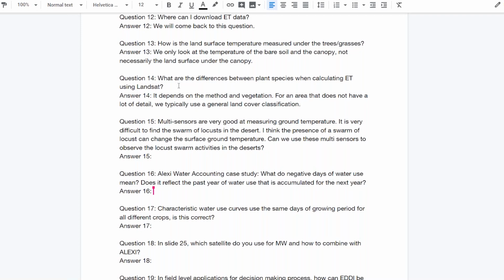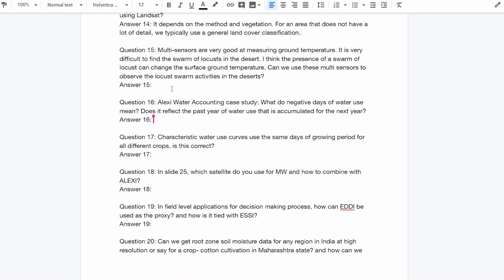Okay, question 15. Multi-sensors are very good at measuring ground temperature. It is very difficult to find the swarm of locusts in the desert. I think the presence of a swarm of locusts can change the surface ground temperature. Can we use these multi-sensors to observe the locust swarm activities in the desert? I mean, this is obviously an important problem right now, and honestly, I'm not sure.